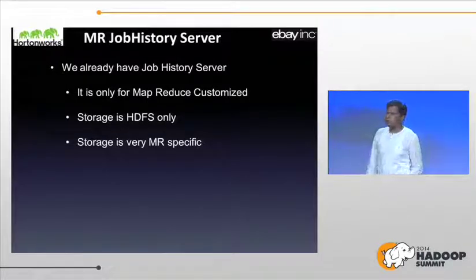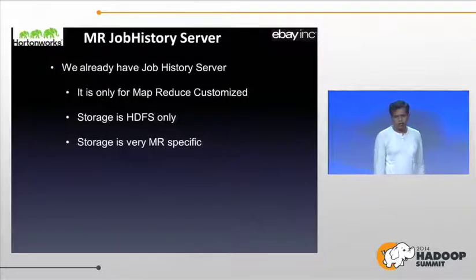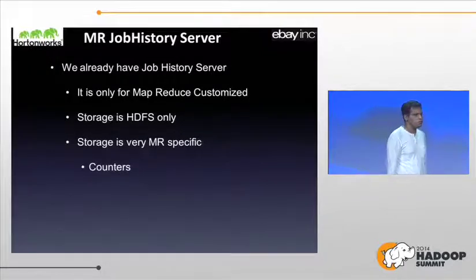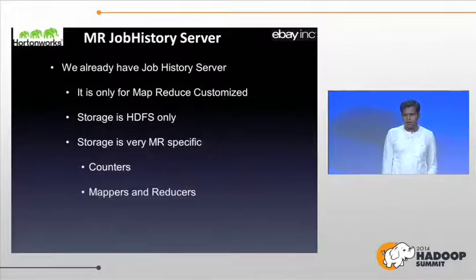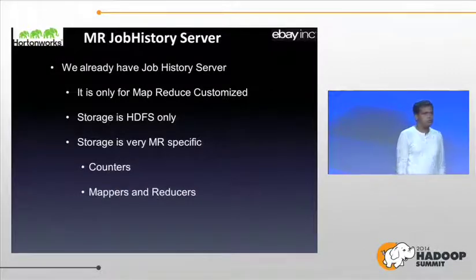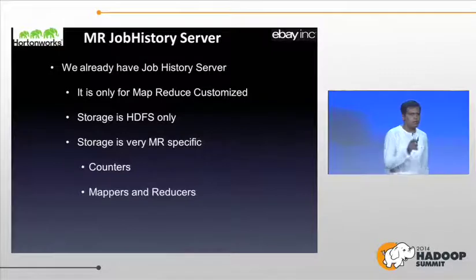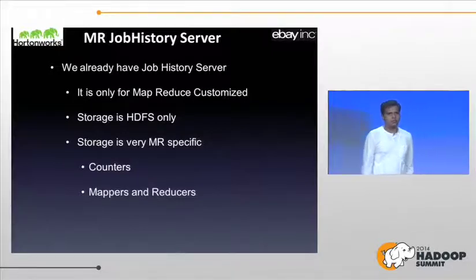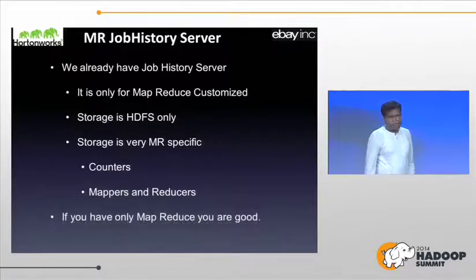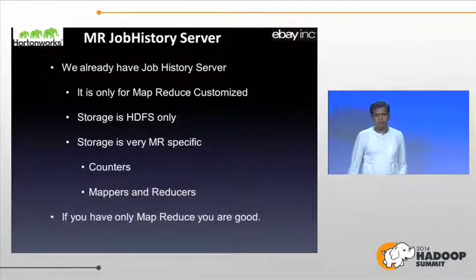The storage is very specific to MapReduce. It has all kinds of counter information, and mapper and reducer information, which is not relevant to any application other than MapReduce, right? And if you're using only MapReduce, you're good.